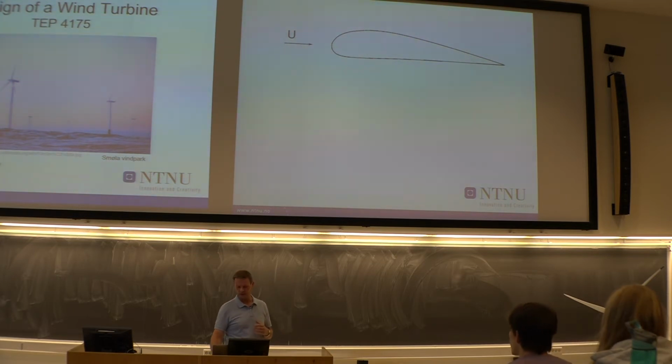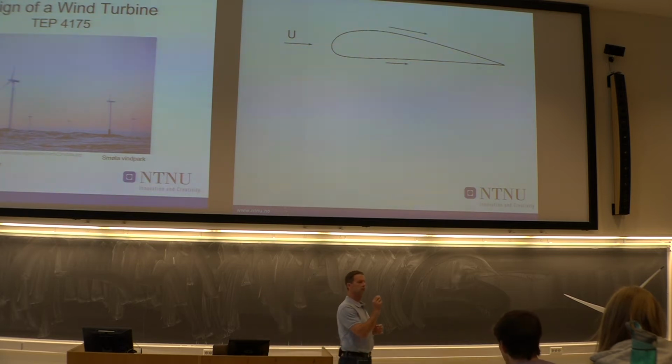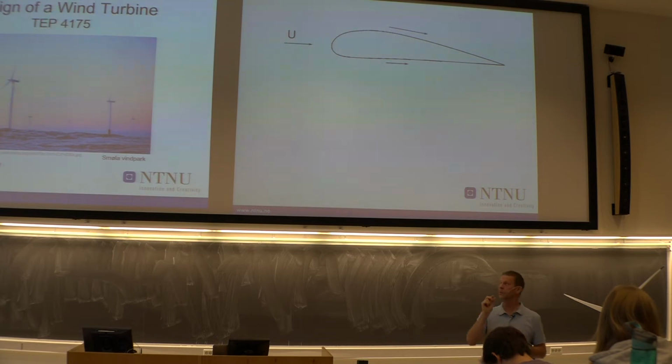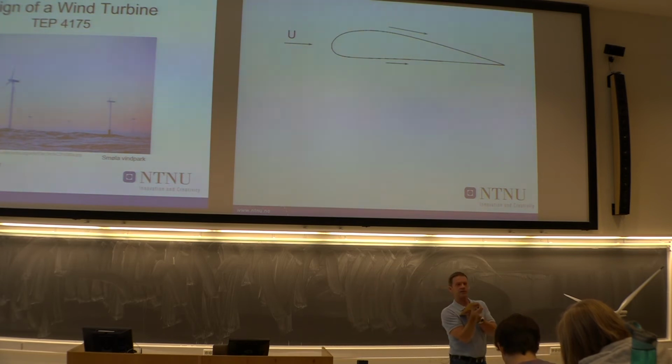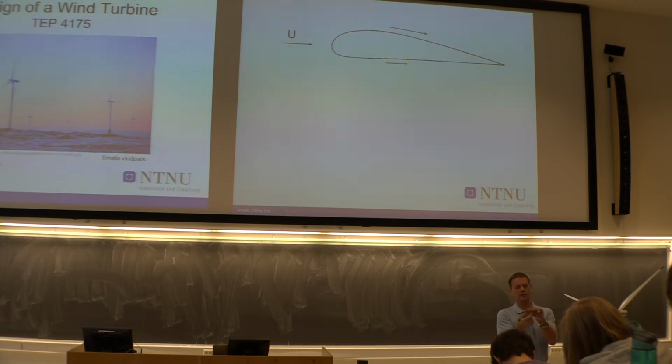I'm simplifying a concept. Let's assume that two air particles start from the leading edge of the blade in the front. We're calling this point the leading edge. One of them goes along the bottom, following the bottom line, and the other one follows the upper line of the shape of the blade.